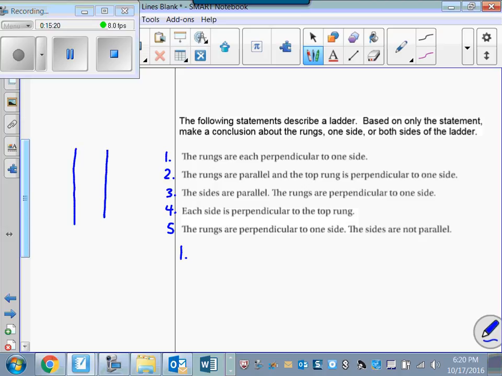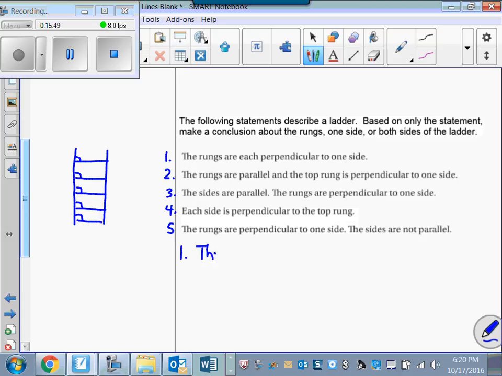We've got a ladder here, and it says the rungs are each perpendicular to one side. So here are my rungs, and they're all perpendicular to one side. I can make myself a little drawing here. All these rungs are perpendicular to that side. So what do we know about them because of the 3 theorems we learned today?